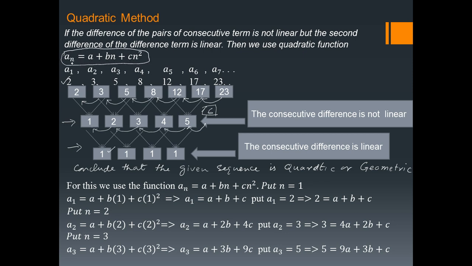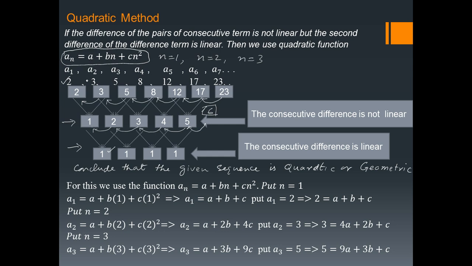We will be taking the equation for finding the general term: an is equal to a plus bn plus cn square. And in this, first we will put n is equal to 1, then n is equal to 2, and then n is equal to 3.